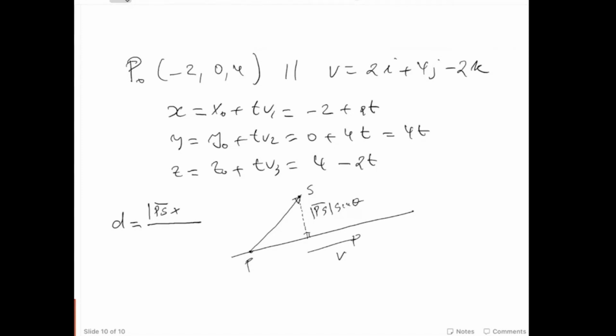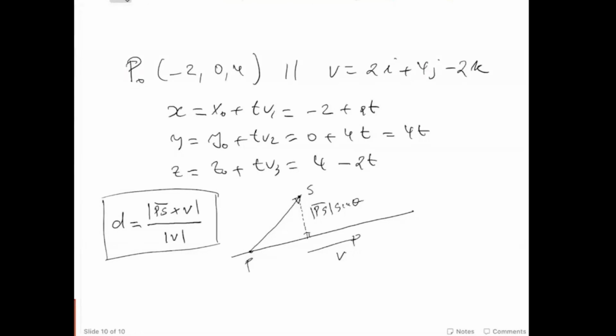You take the normal vector to the direction, and then you divide it by the modulus of V to obtain the unit vector of V, because what we are interested in here is just the direction of V. This is the distance between a point and a line.